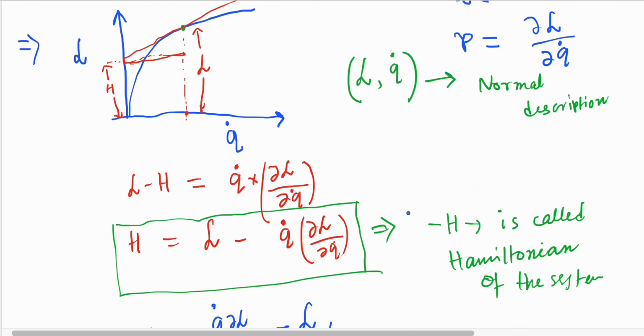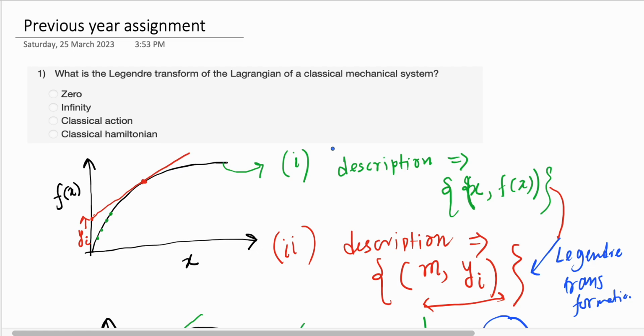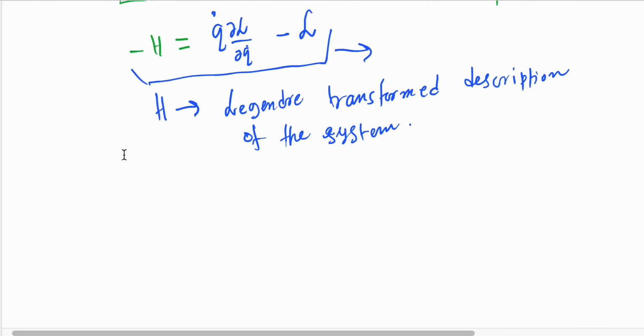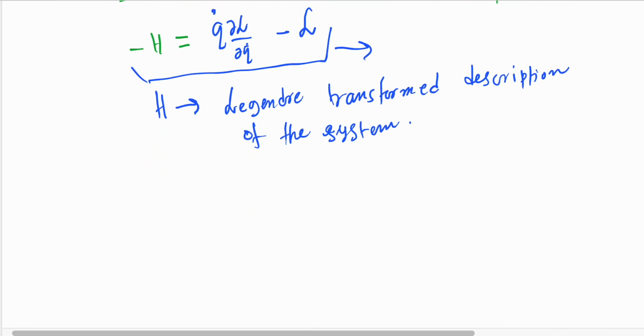So now we have solved the first question, and the answer is that the Legendre transform of the Lagrangian of a classical mechanical system is the classical Hamiltonian. Now let's go toward the second question.